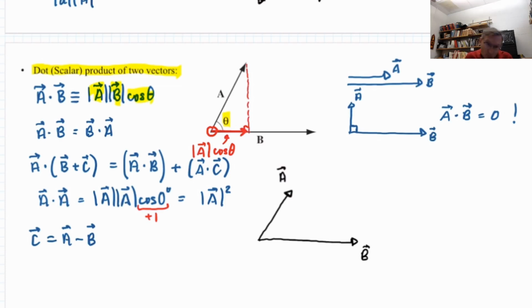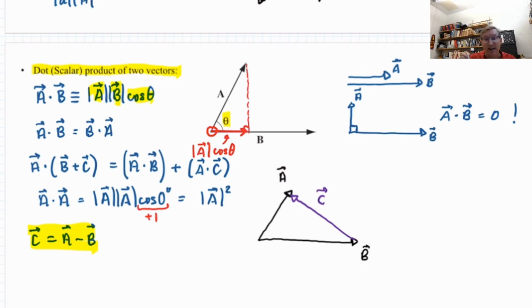And one way to think about that, of course, is the way I drew in the slides up above. But another way is to just look at this, mentally rearrange it. If C equals A minus B, then C plus B must equal A. And so that will tell me that C actually points from B to A, so that C plus B points to A. So those are the three vectors, A, B, and C, where C is A minus B. Let's take those as given.